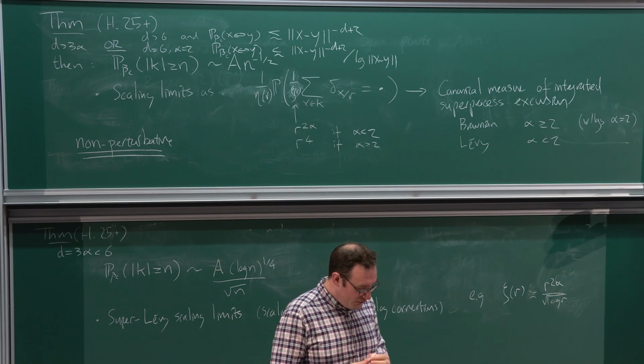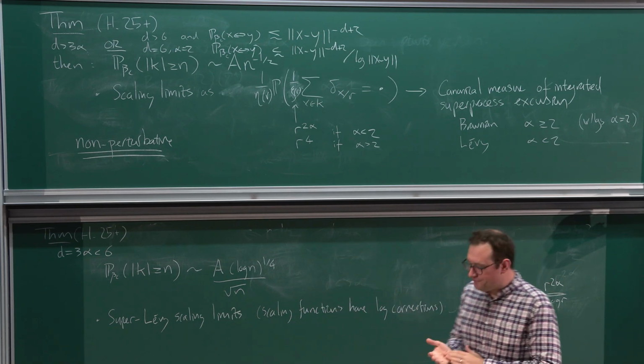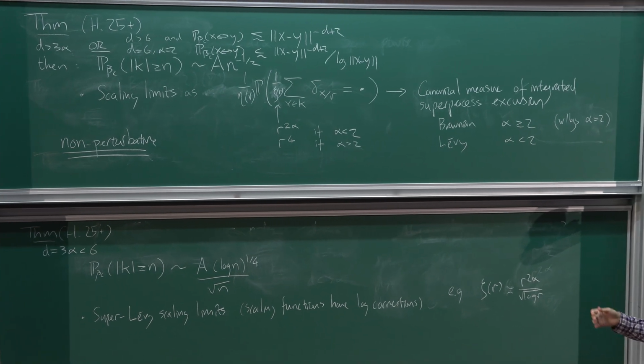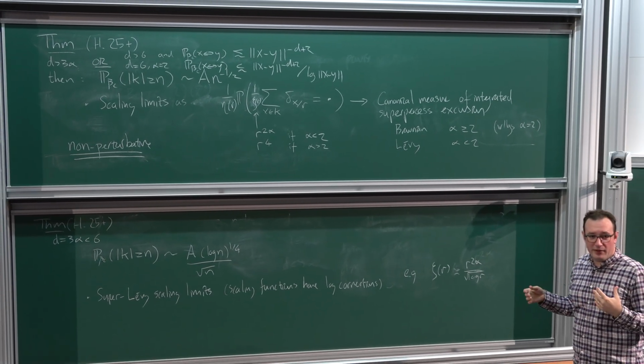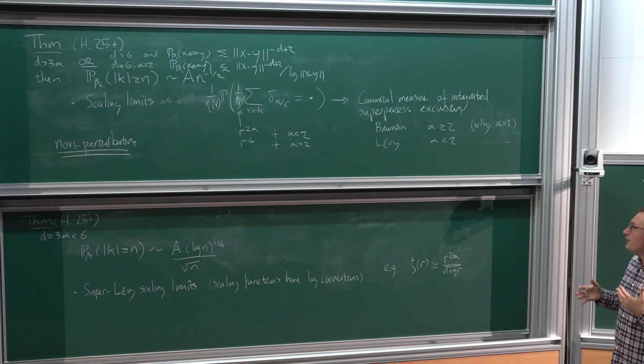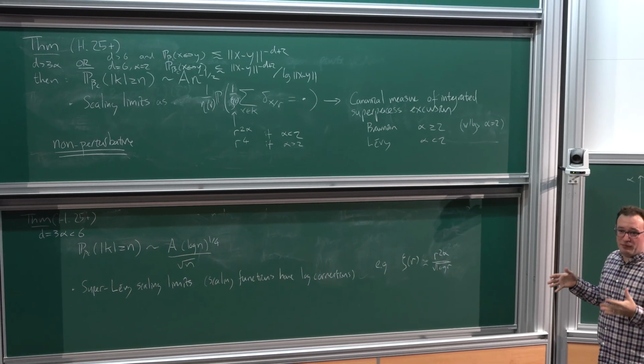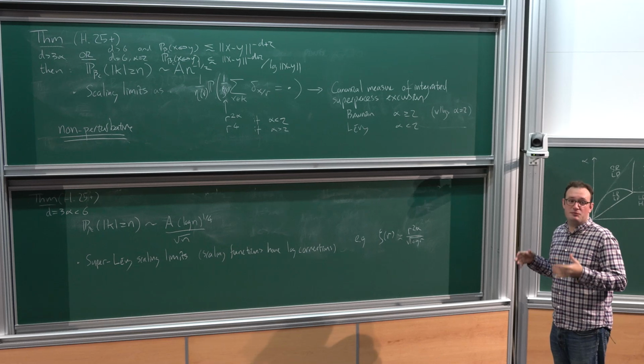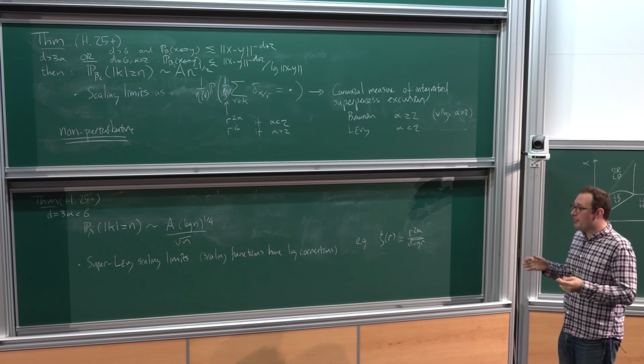Let me make a few remarks on this. Again, I'll give you an overview later of more about the proof methods. The big picture idea is to implement some version of the renormalization group type analysis for percolation, and specifically for long-range percolation.